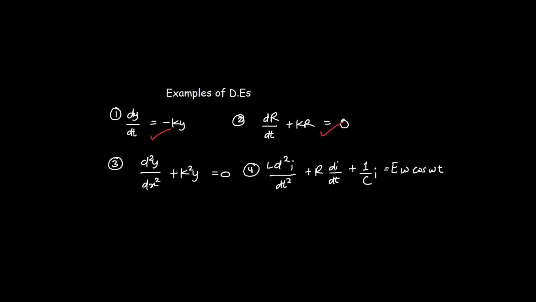In example 3, you have the second derivative of y with respect to x. That's also a derivative, and any equation that contains a derivative is a differential equation. Same here, you have the second derivative of i with respect to t and the first derivative of i with respect to t. So this is also a differential equation.